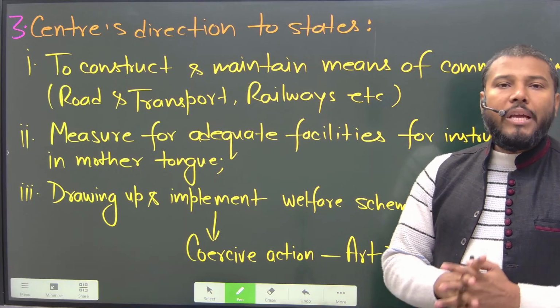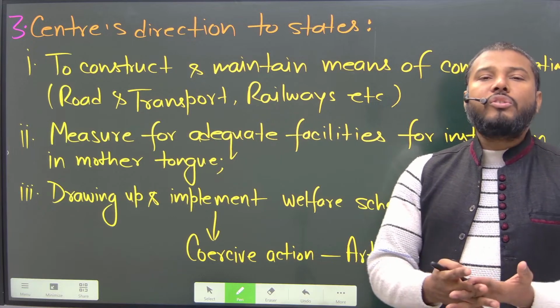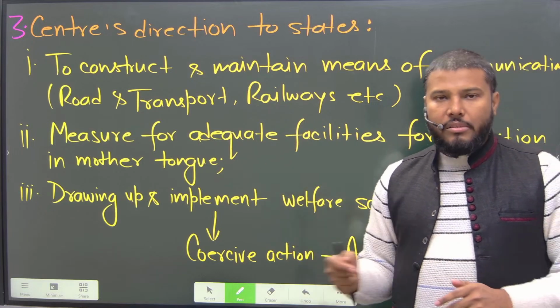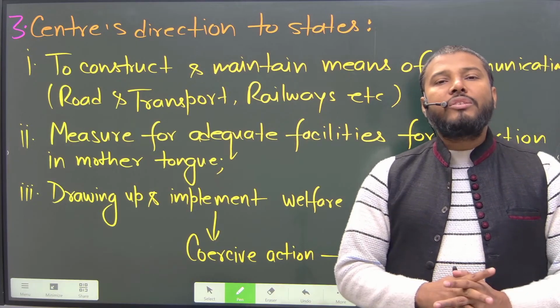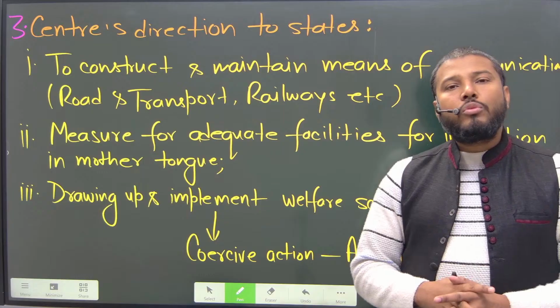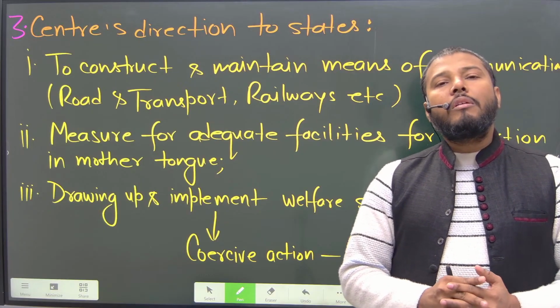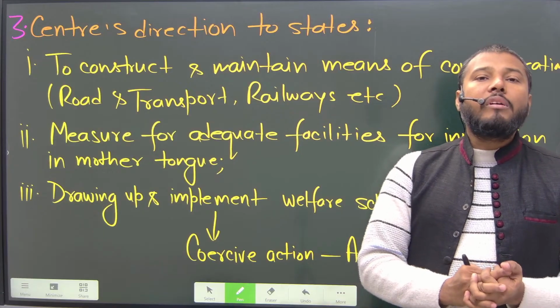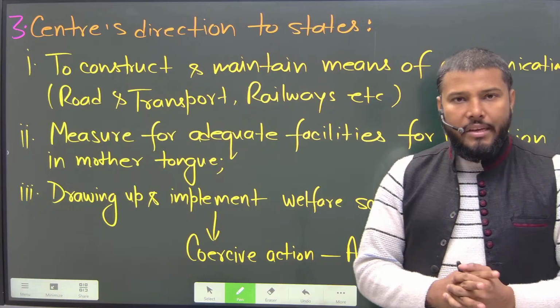And separately, the central government is vested with the authority to advise the states to ensure the construction and maintenance of the railways. Particularly for railways, there is an altogether different category.